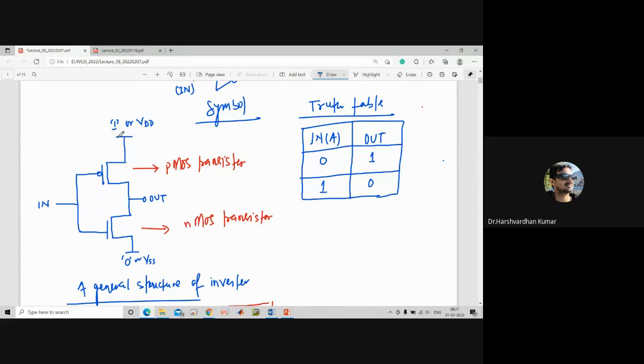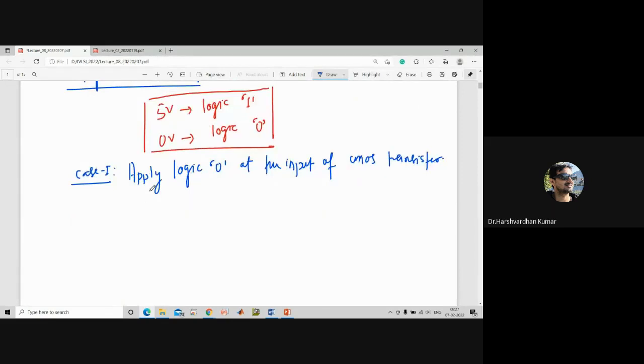Also the VDD terminal is connected to 1 volt, or logic 1, so you will get 1 at the output. So in this case the inverter shows a logic 1 output corresponding to a logic 0 input.